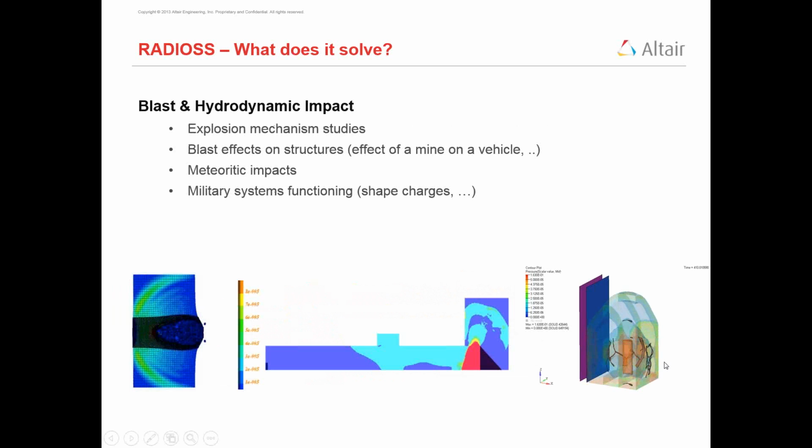For blast analysis, you can use RADIOSS for blast, ballistic analysis, high speed impact for military applications, and also for explosive mechanisms. You can look on the right side here where you use RADIOSS and also apply some failure criteria for these types of analysis.